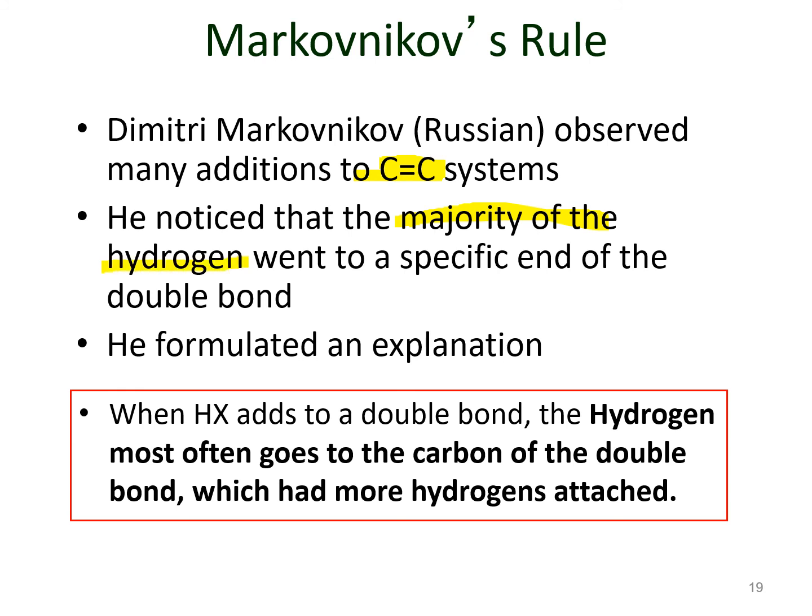So hydrogen most often goes to the carbon of the double bond which had more hydrogens attached to it. Before the reaction, the carbon which had more hydrogens will take up the hydrogen, and the carbon which had fewer hydrogens will take up the halide or the halogen atom.